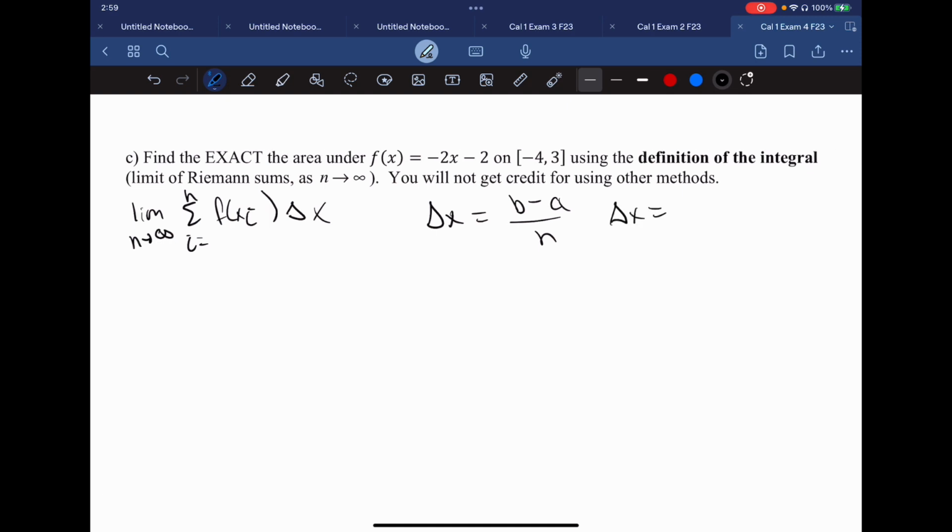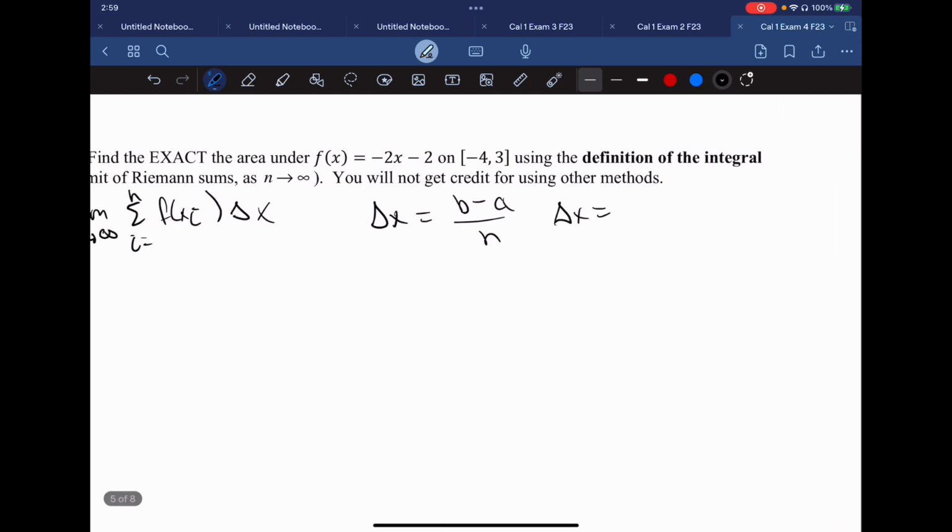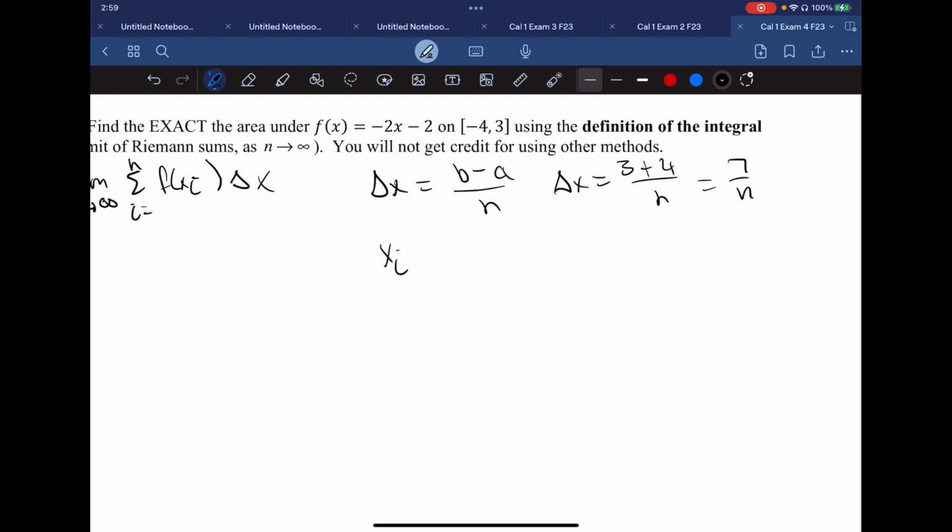Delta x equals 3 plus 4 over n, which is 7 over n, right? Now, x i equals a plus delta x times i, right? So let's figure this out. X i equals negative 4 plus 7 over n times i, right?